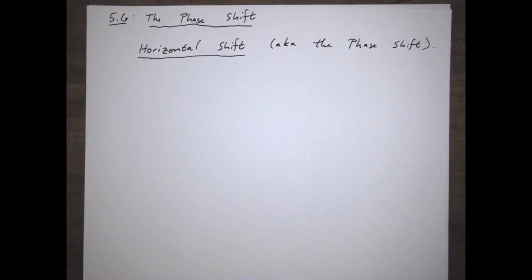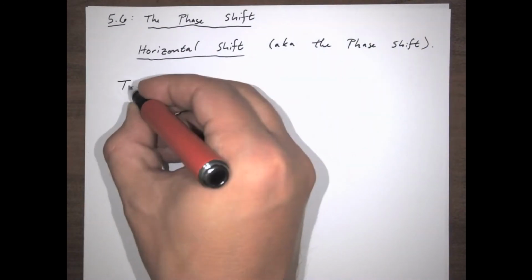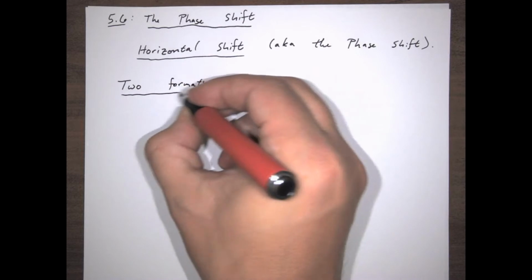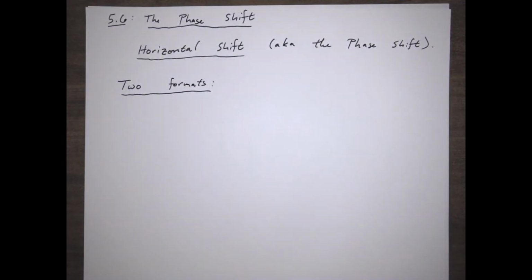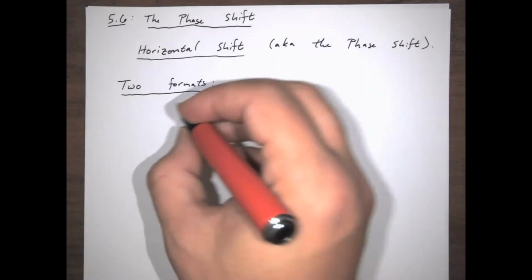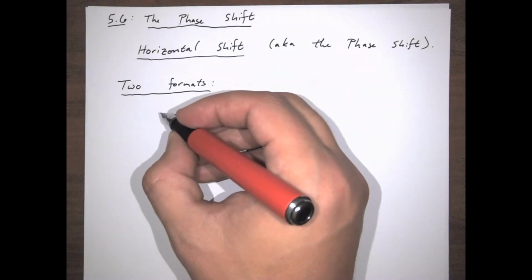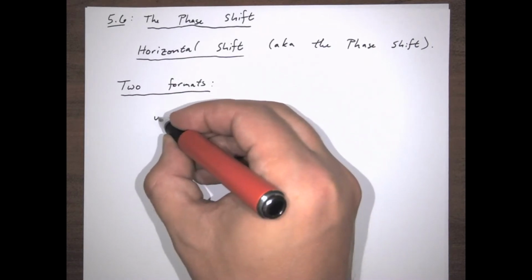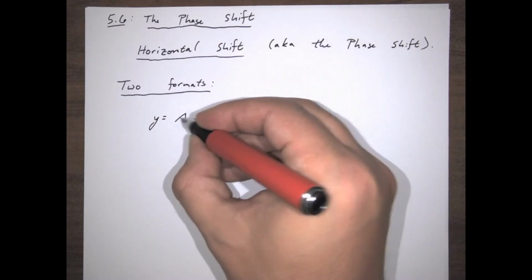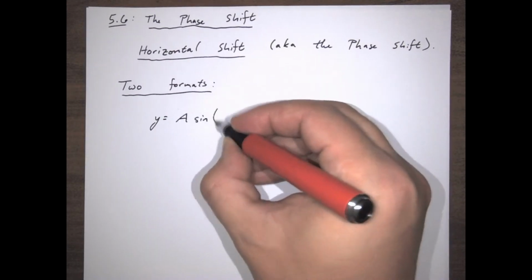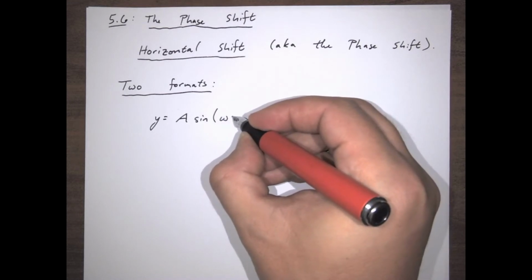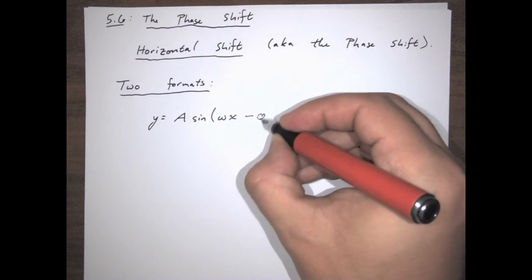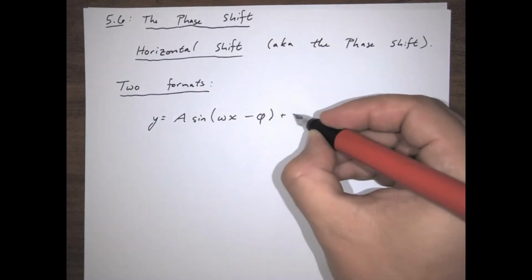Alright, so the way this works, there are two formats. We're just going to focus on using sine here, rather than listing all the formats for all of the trigonometric functions. So the two main formats would be like this, where y is equal to a sine omega x. So far nothing is different here, but now here comes the difference: minus phi for phase, plus b.